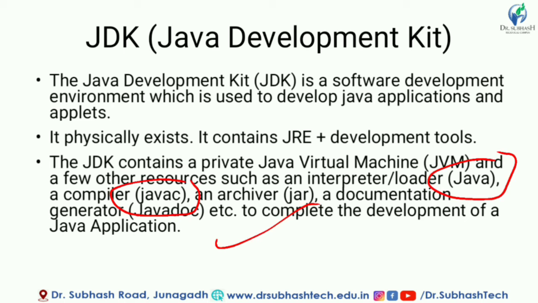That is an interpreter, and that is also provided by the JDK. And there is one more archiver for reading the jar files, right? Jar file contains the various inbuilt classes in Java program. These tools are available in the JDK. Using these tools we can execute the Java program.